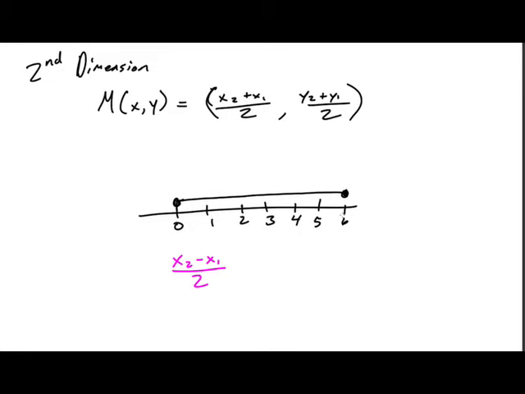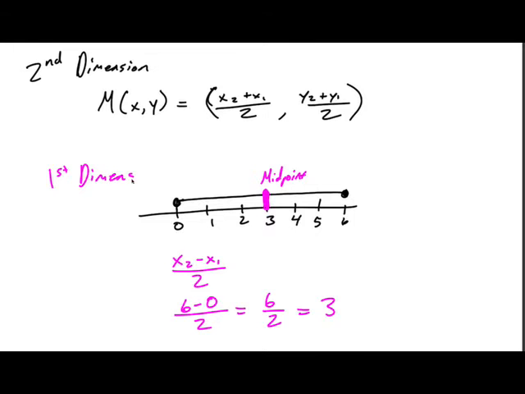So this would be 6 minus 0 divided by 2, which equals 6 over 2, which is equal to 3. So my midpoint is right at 3. So that was what I did if I'm in the first dimension.